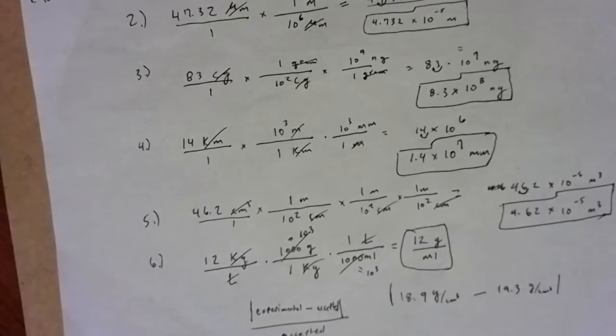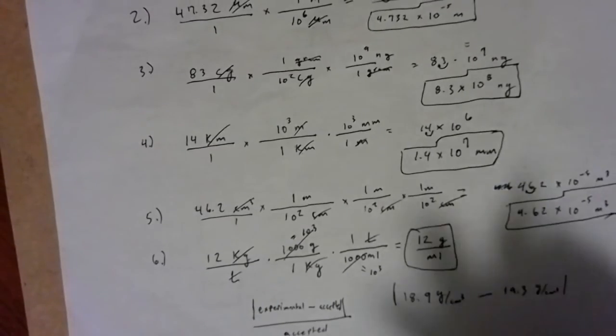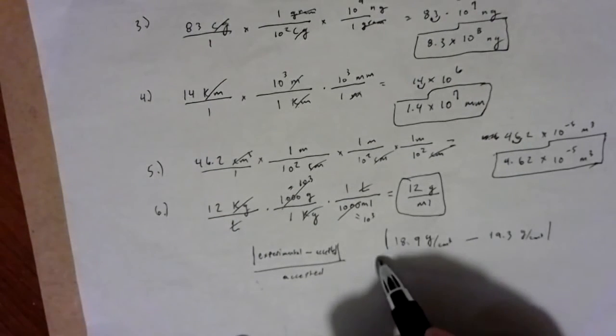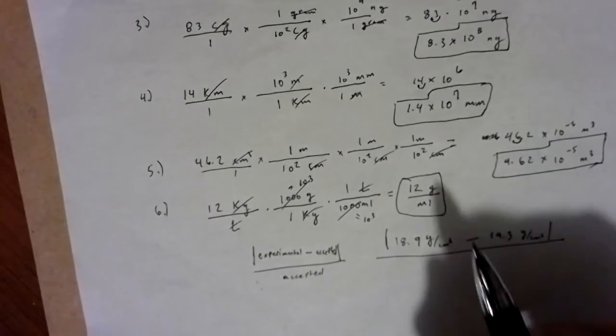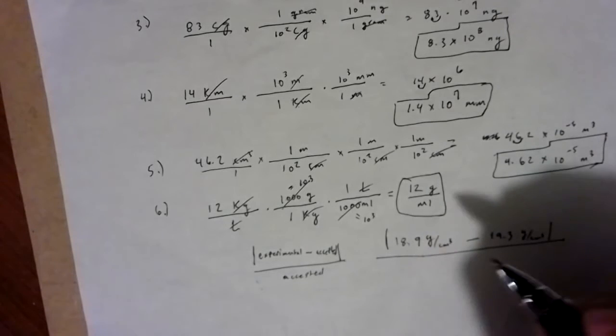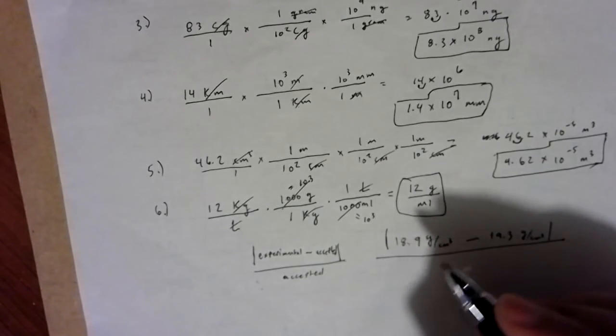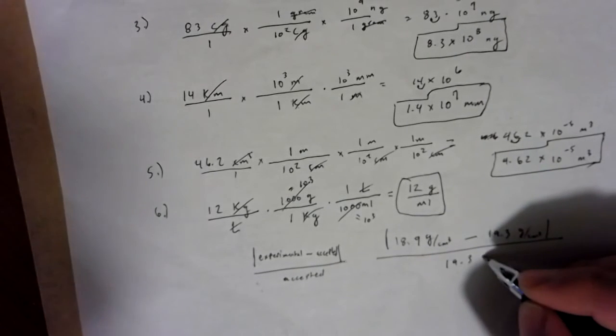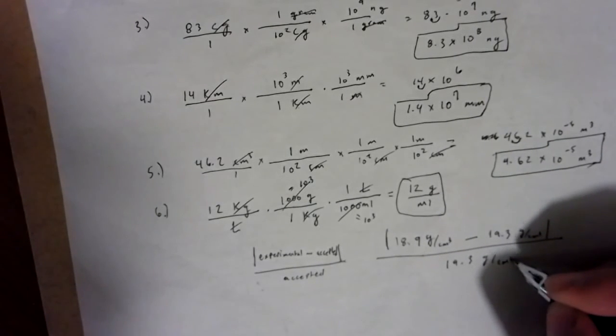And inside the absolute value bars. Whoops, can't see that. Then this is divided by the accepted, which is the actual, and we'd say the actual density. That's 19.3 grams per centimeter cubed.